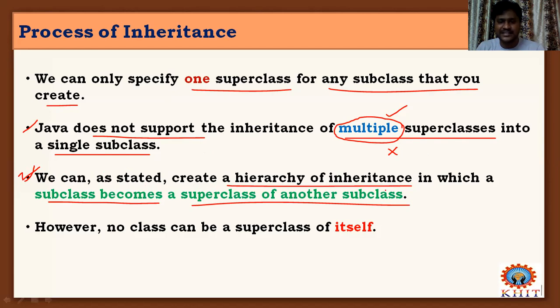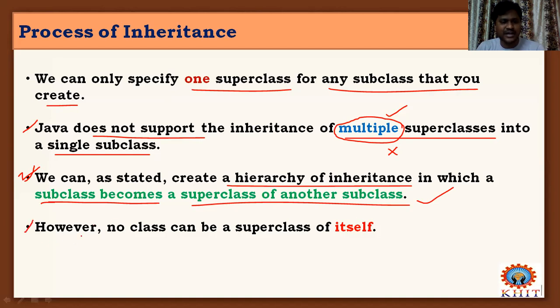In this hierarchy of inheritance, level by level, you are creating classes and specifying the relation between upper class and lower class. So in this hierarchy, sometimes a subclass may also become a superclass of another subclass. This is one type of inheritance we are going to discuss in the next slides.